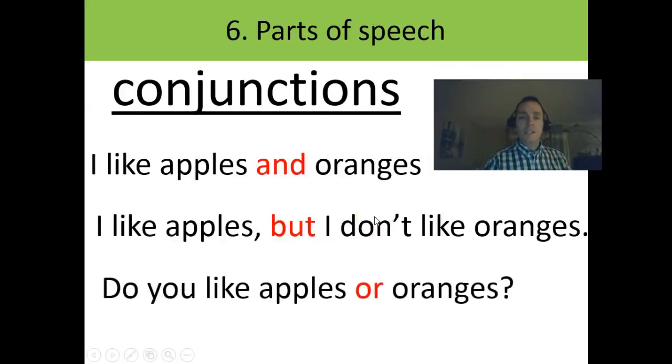And another example is, do you like apples or oranges? Now here, we've looked at 3 different conjunctions. We have and, but, and or. In those future videos, we are going to look at these different conjunctions and talk about all the rules.